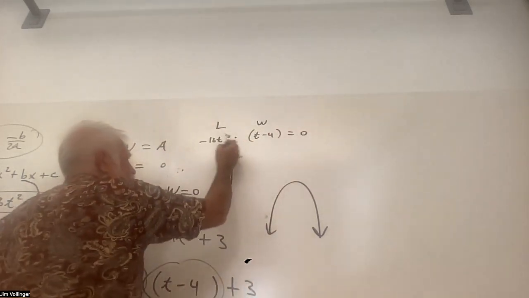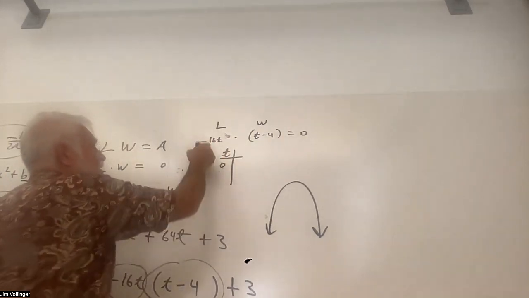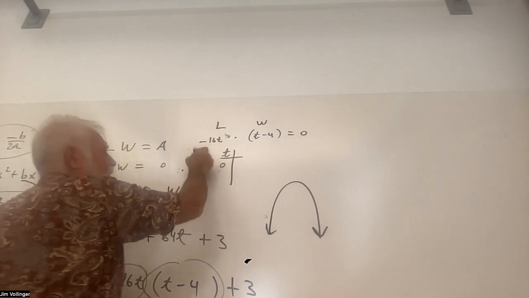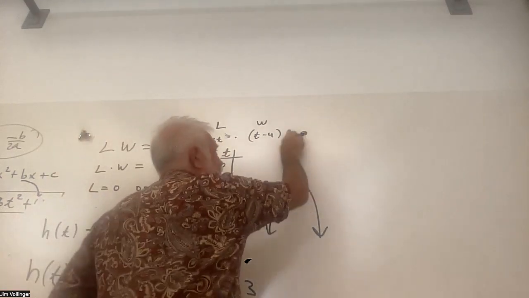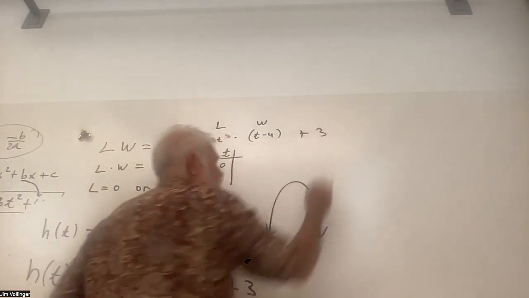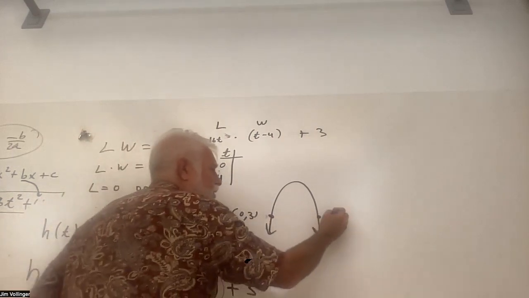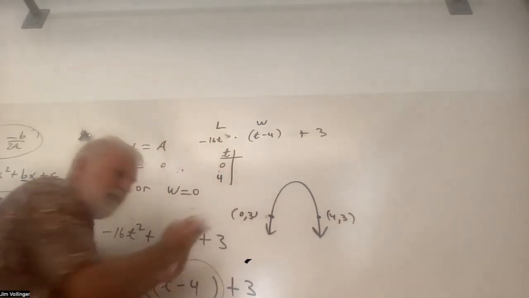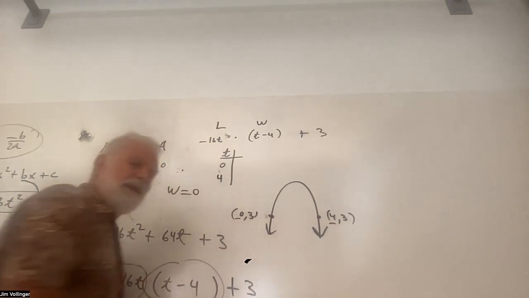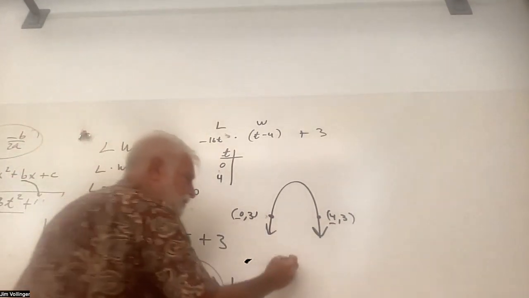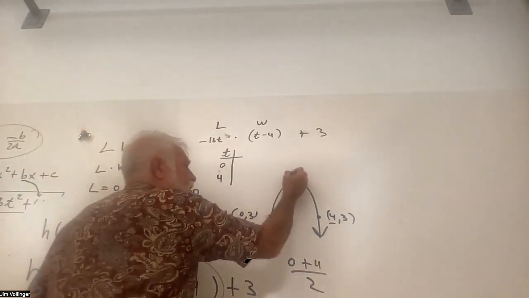Two times. When t is 0, 0 times negative 16 is 0, and 0 times anything is 0, and 4. And if I make this function plus 3, well, then that's going to get me 0, 3, and 4, 3. And if I've got those two numbers, then the average of those two symmetric values, 0 plus 4, cut in half, gets me that 2.